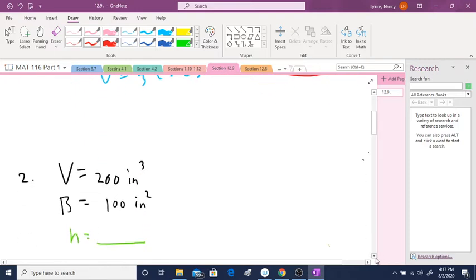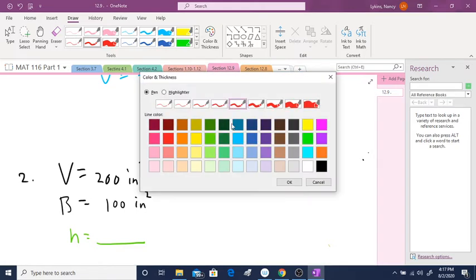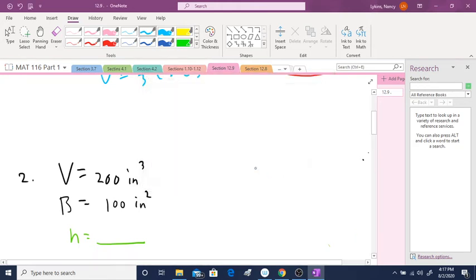Okay. Now, number 2, I'm giving you the volume and the base, but you're trying to find the height. So volume, remember, is 1/3 base times height.